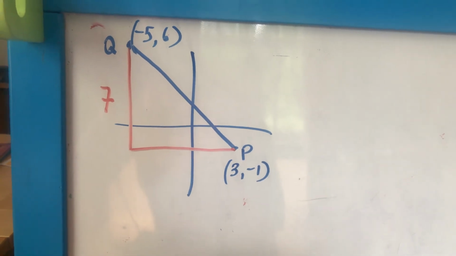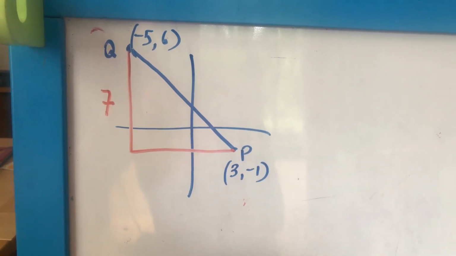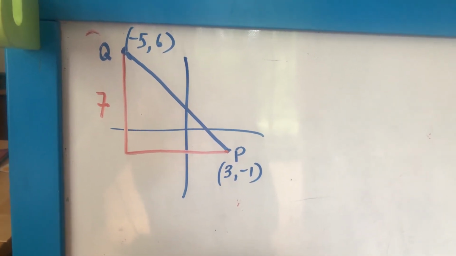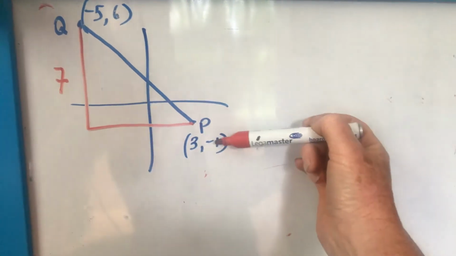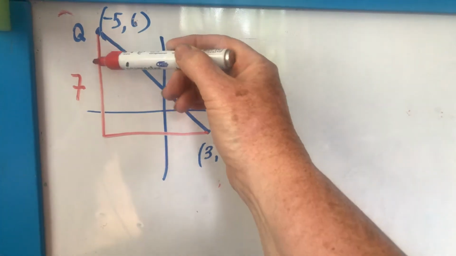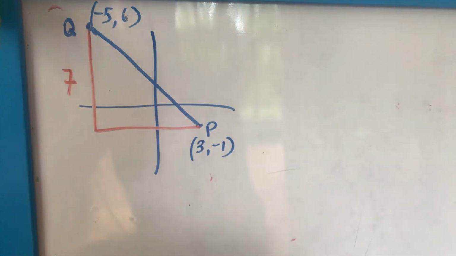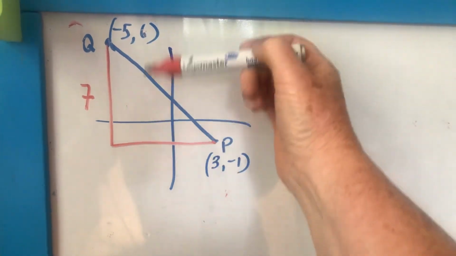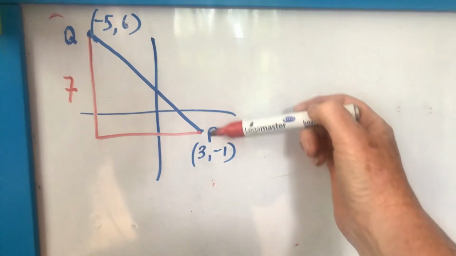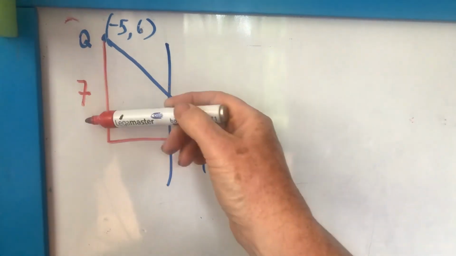Now, if you've got square paper, you can just count how many that is. You don't need to work it out from the numbers. You can count, 1, 2, 3, 4, 5, 6, 7. But if you don't have square paper, you'd be able to do it like me. Up and down values are the y numbers. It goes from 6 down to minus 1. So this one here is 7.